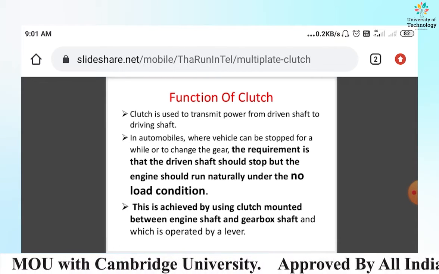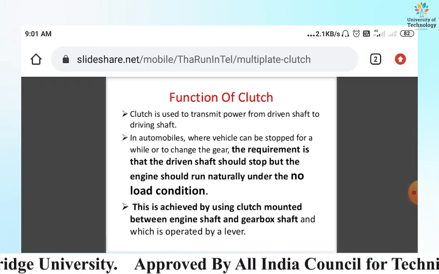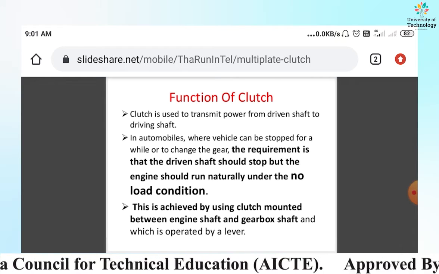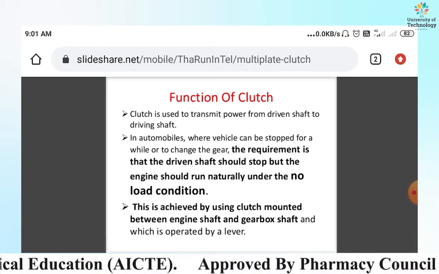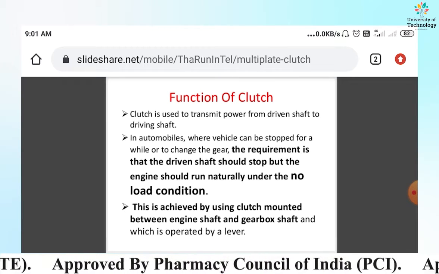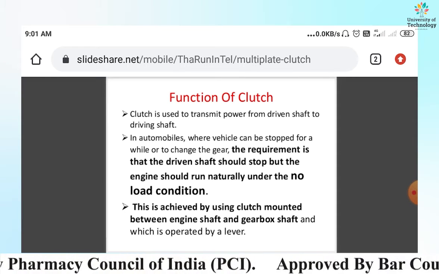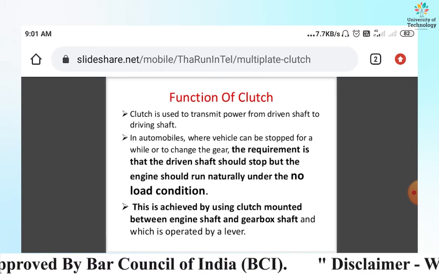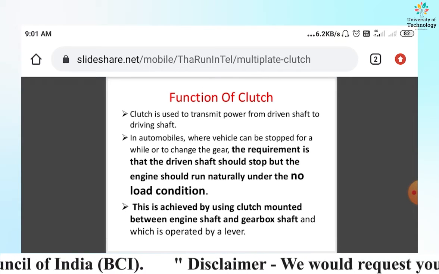The requirement is that the driven shaft should stop but the engine should run naturally under no load condition. This is achieved by using a clutch mounted between the engine shaft and gearbox shaft, which is operated by a lever.